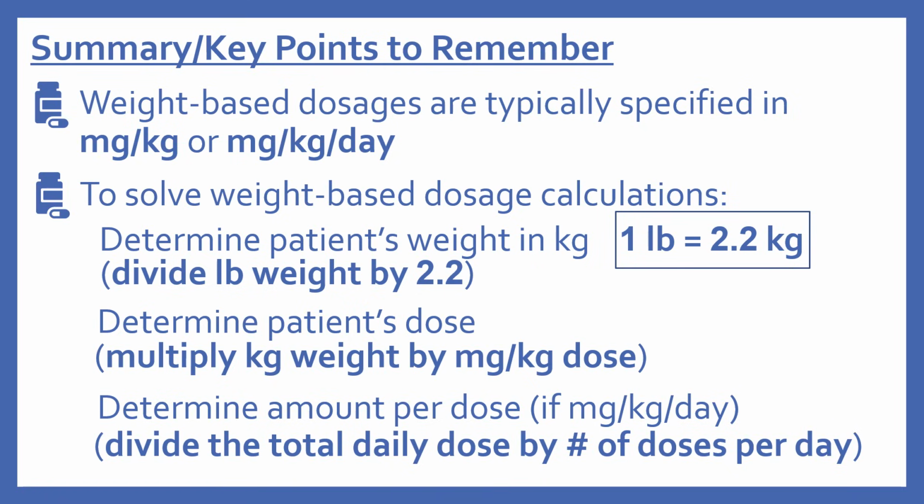Or if you want to set up the fractions that cancel like units, you can do that as well, so you can see exactly what's going on. Next, you determine the patient's dose. So we can do this by multiplying the kilogram weight by the milligram per kilogram dose. And then determine the amount per dose if it's in a milligram per kilogram per day. And to do this, we'll divide the total daily dose by the number of doses per day.